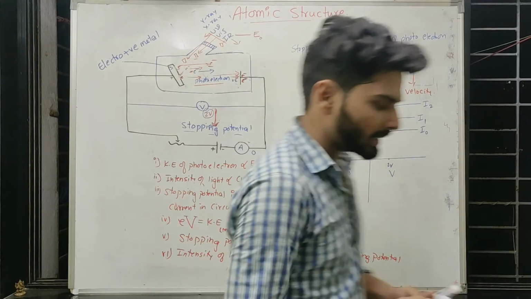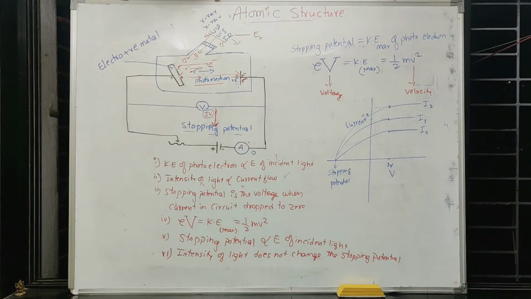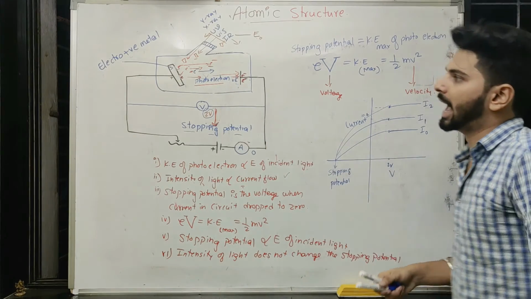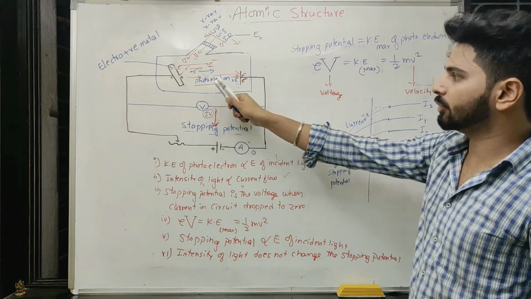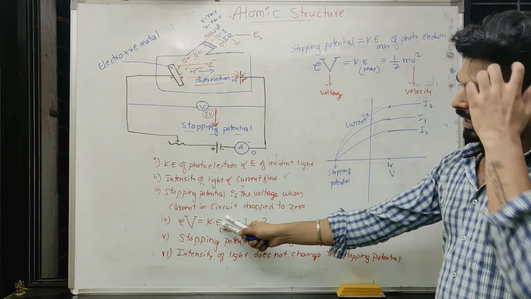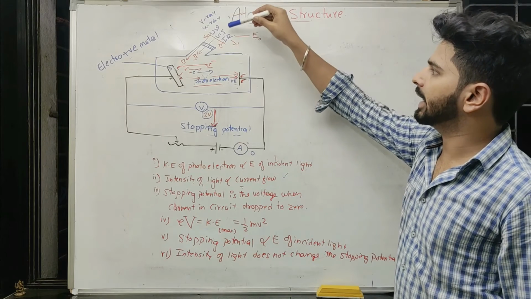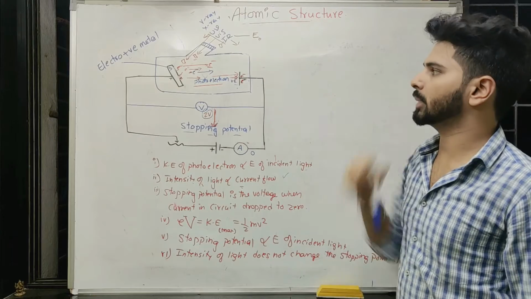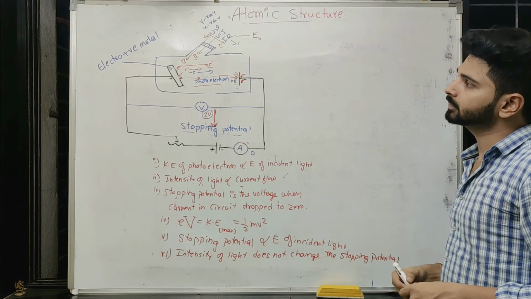This you can easily understand, because intensity of the radiation depends on the number of photons. So a higher number of photons will eject more electrons, but they won't change the kinetic energy of the photoelectron. As long as they are not changing the kinetic energy of the photoelectrons, they won't change the stopping potential. Now let us work on incident light energy, intensity and stopping potential, all three together.